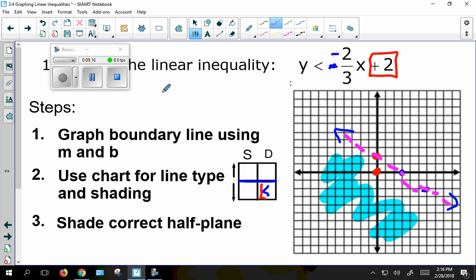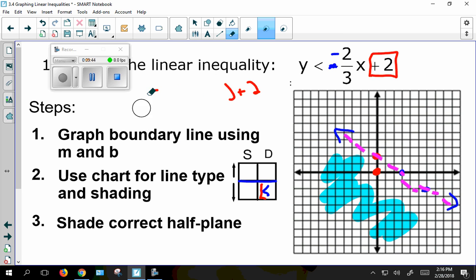So instead of Y, I'm going to put 0 is less than negative 2 over 3 times 0 plus 2. So I get 2. Is 0 less than 2? Is that true? Yes. Remember, the monster eats the bigger number. Is 2 bigger? Yeah, so that's true.